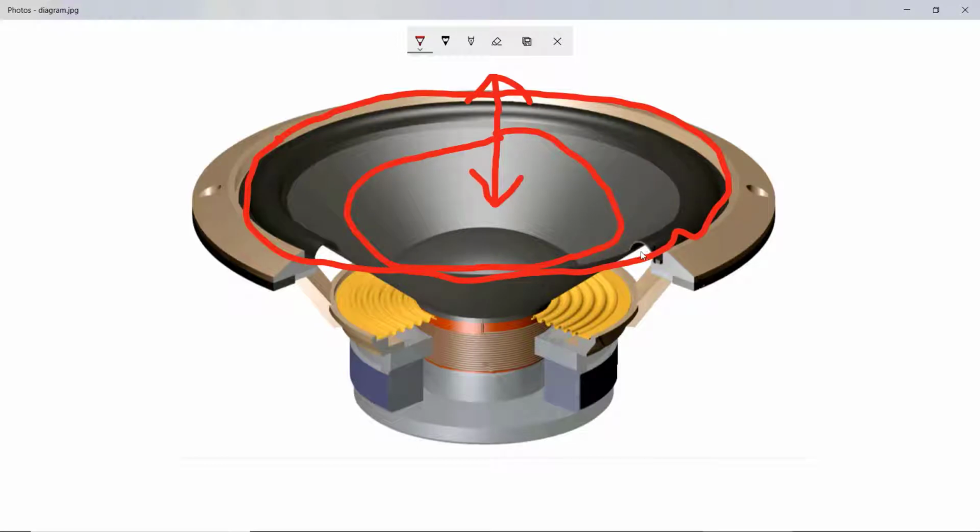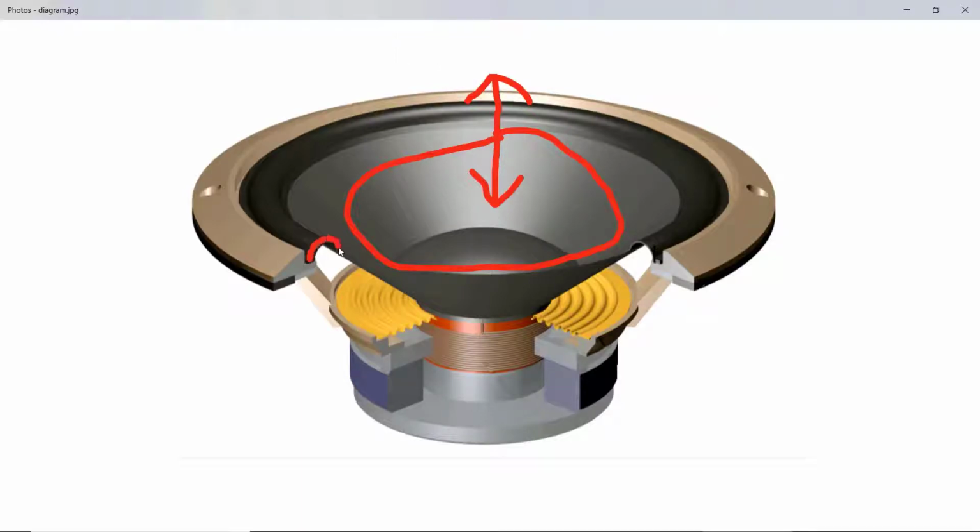Well, first off, notice that there are suspensions, so to speak, in the cone. So if you look at this cone, notice that it has kind of these curves right here, this little curve of material that's kind of like a rubber material that holds the cone in place, but they're flexible so that it can move.